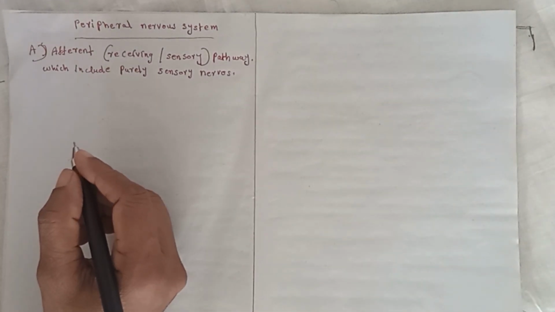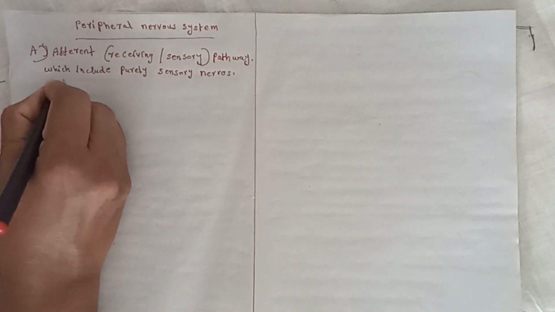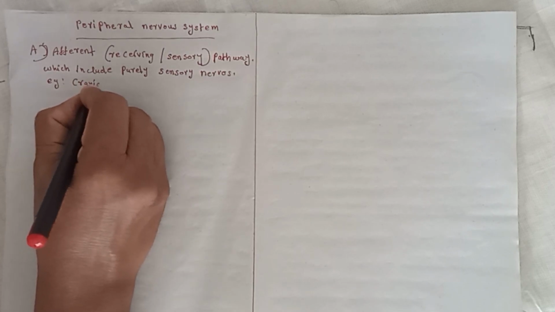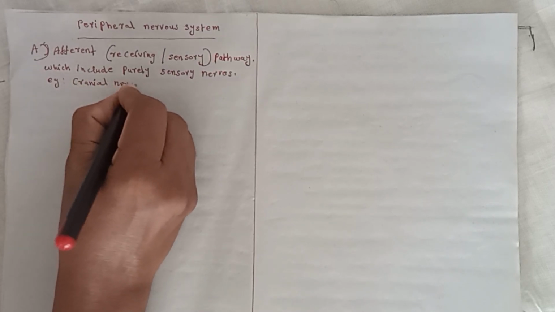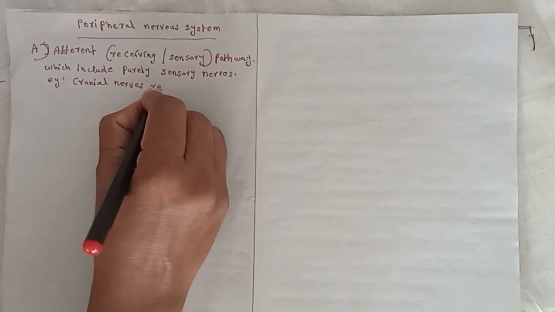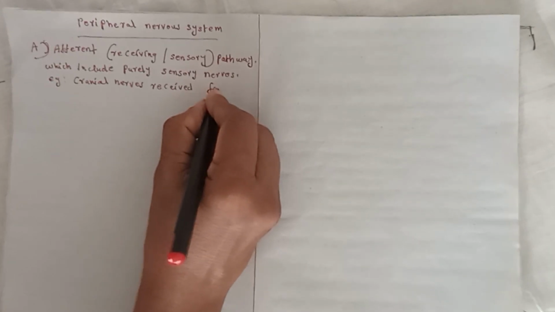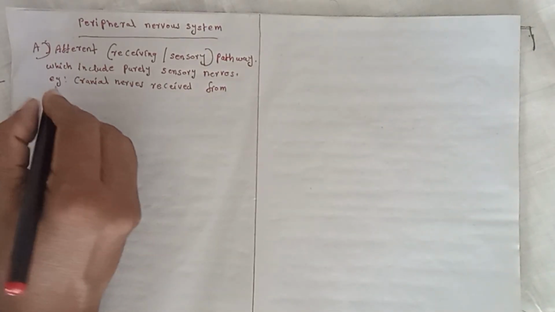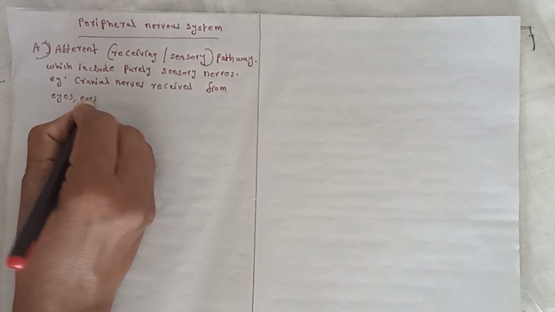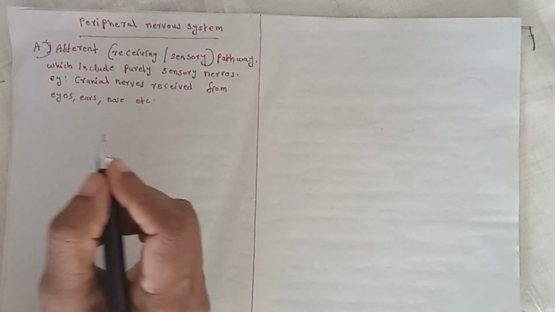Example, cranial nerves receiving from sense organs like the eyes, ears and nose, etc.